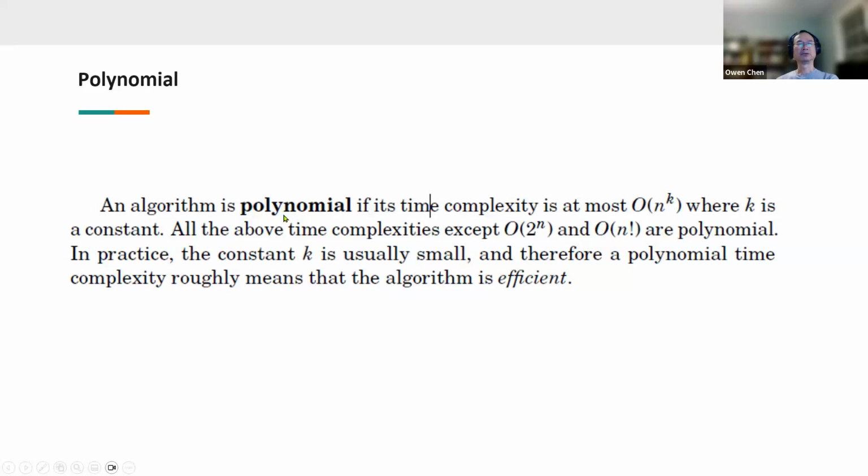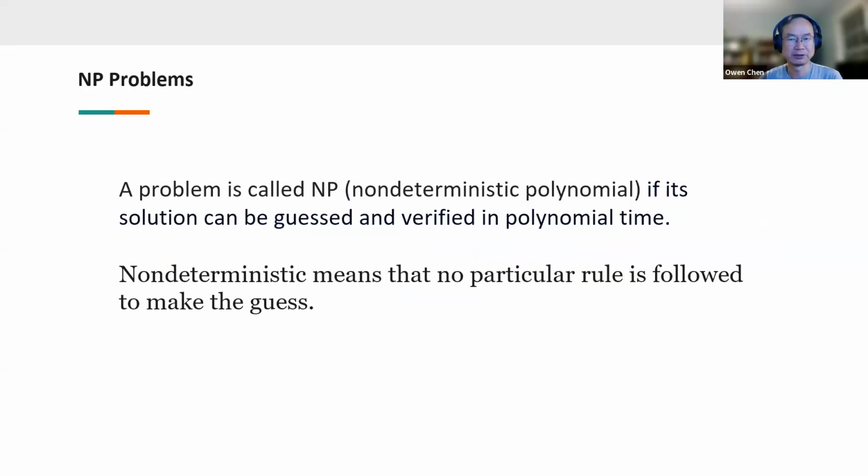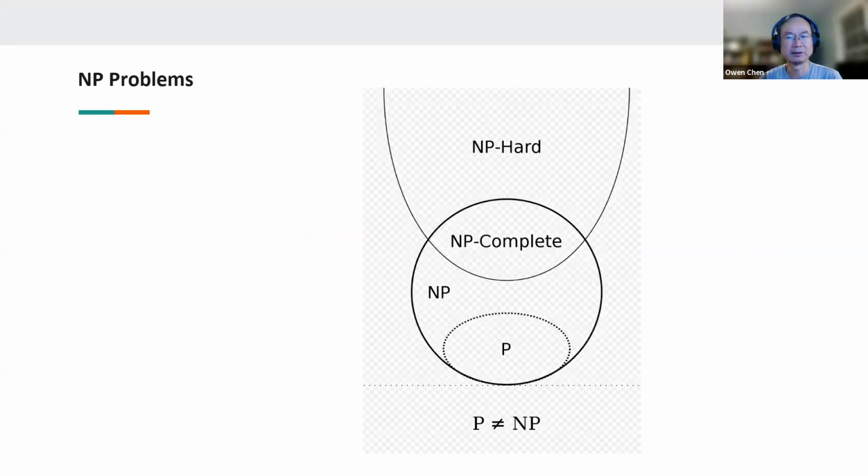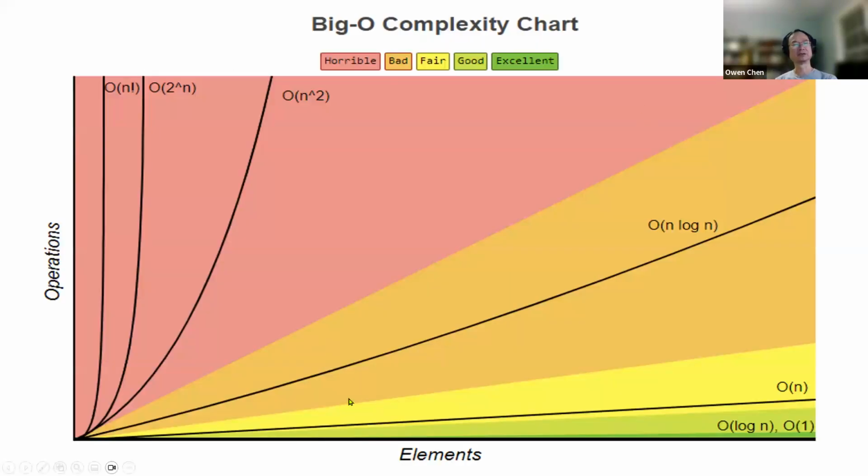Compared between the polynomial versus the non-polynomial, it's just very different. There is a diagram. Let me show that diagram before we go into this. This is the diagram I want to show.